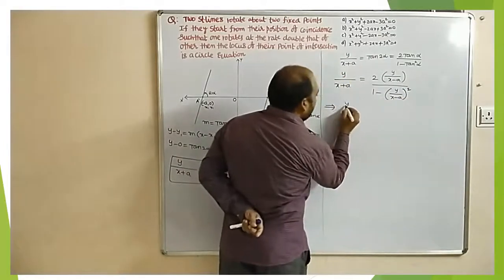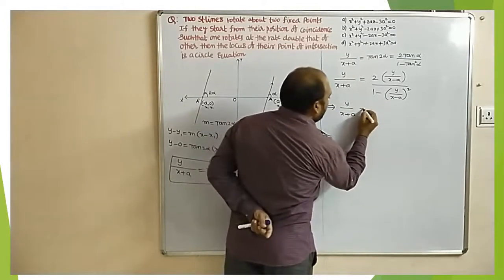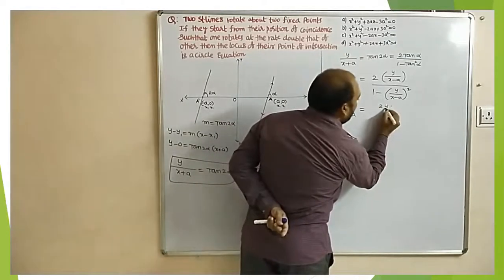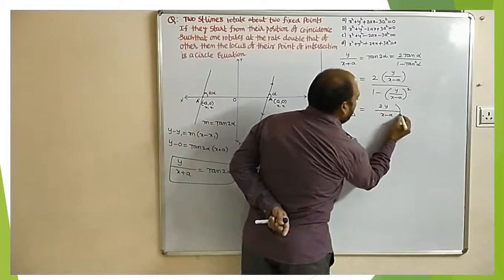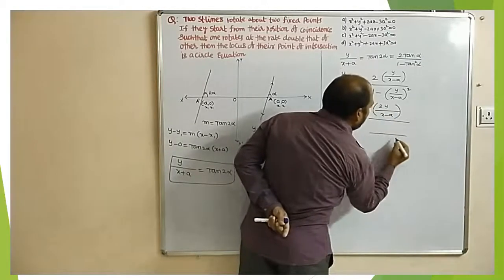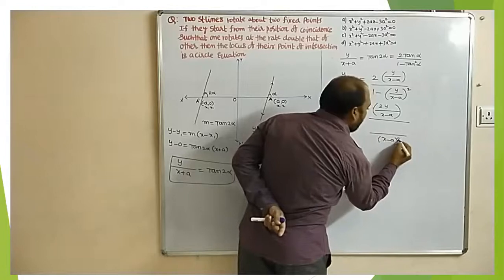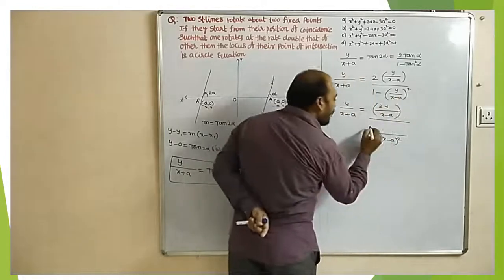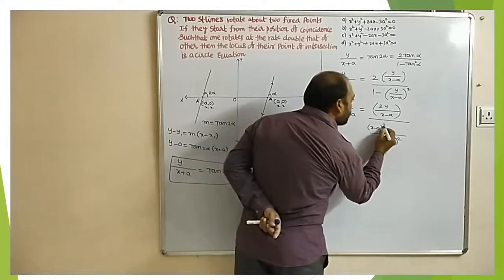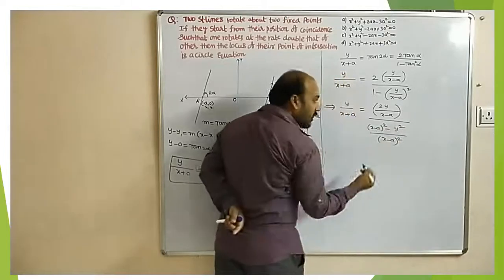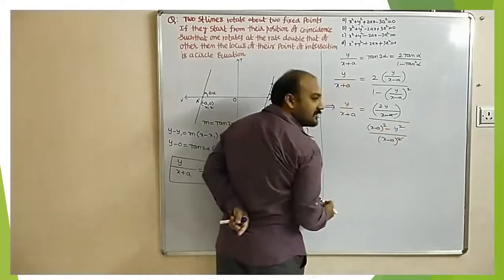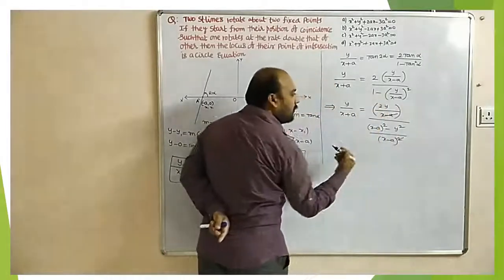So y by x plus a is equal to 2 into y by x minus a, into the denominator of the denominator. So take the LCM for the denominator: x minus a whole square minus y square. One of the x minus a factors will be cancelled here, and the denominator of the denominator will become the numerator.